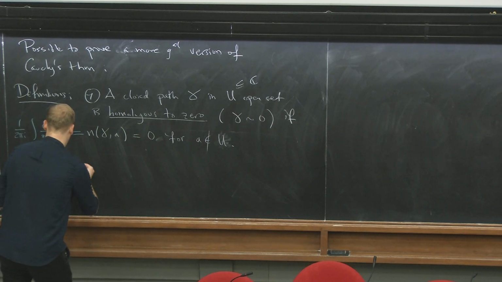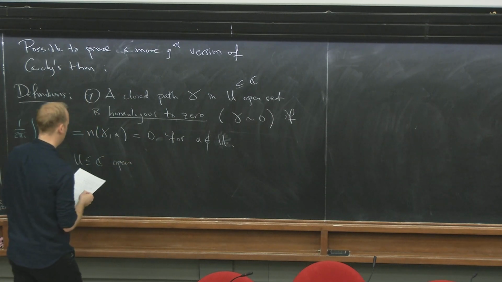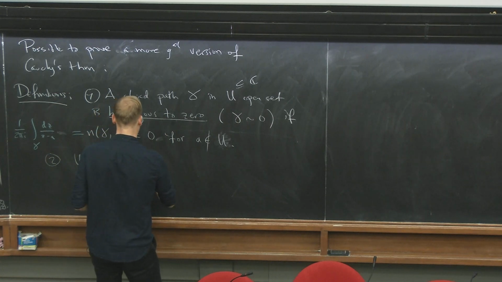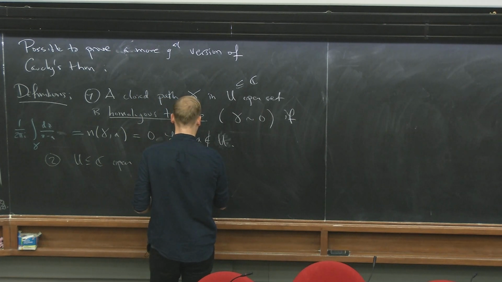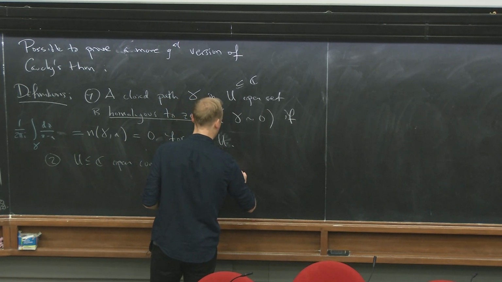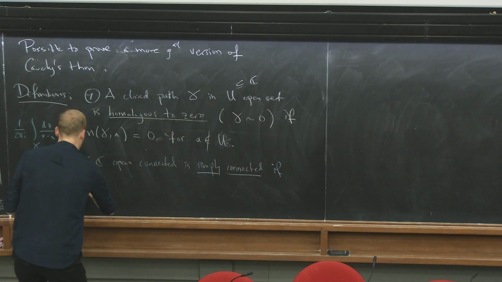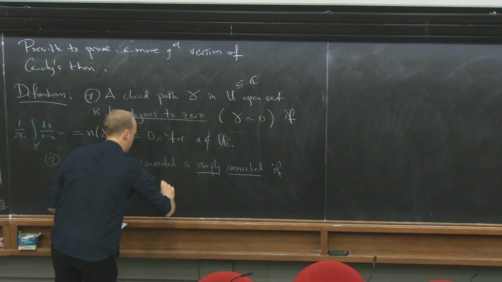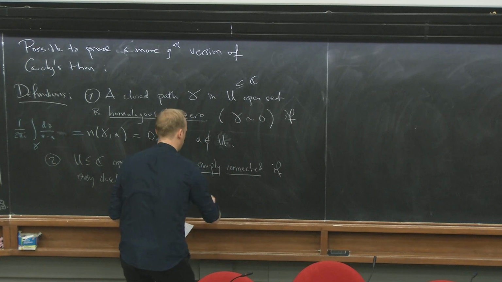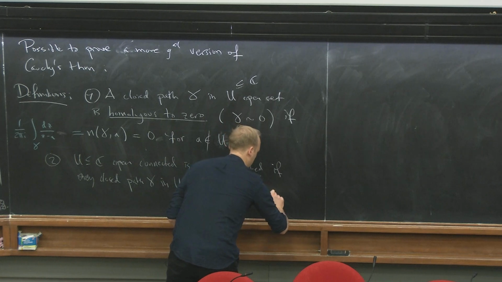So a set U, which is open and connected, is said to be simply connected if every closed path gamma in U is homologous to 0.